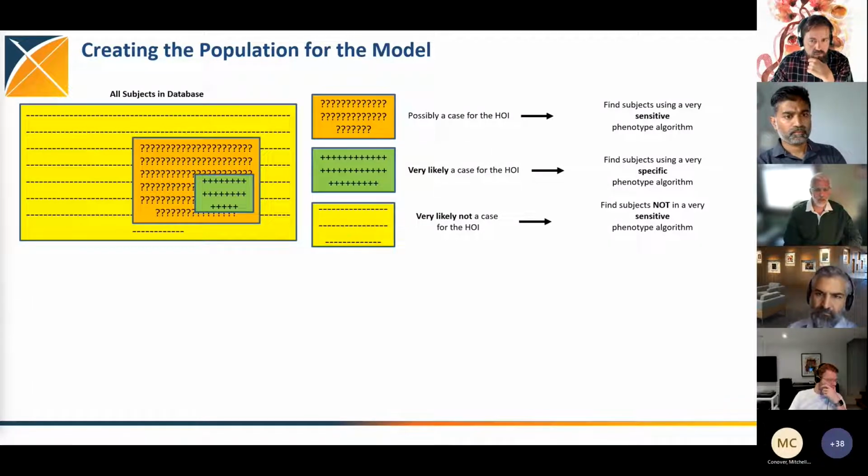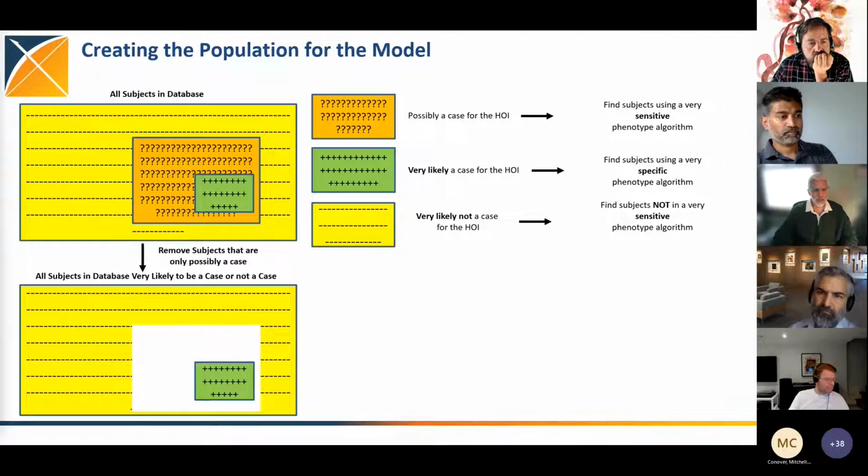And we did that by developing several phenotype algorithms to separate the populations. To figure out the orange ones who were possibly a case, we used a sensitive algorithm. To figure out the green ones, we used a very specific algorithm. And the yellow ones were the people who weren't in the sensitive algorithm, weren't in the orange or green boxes.